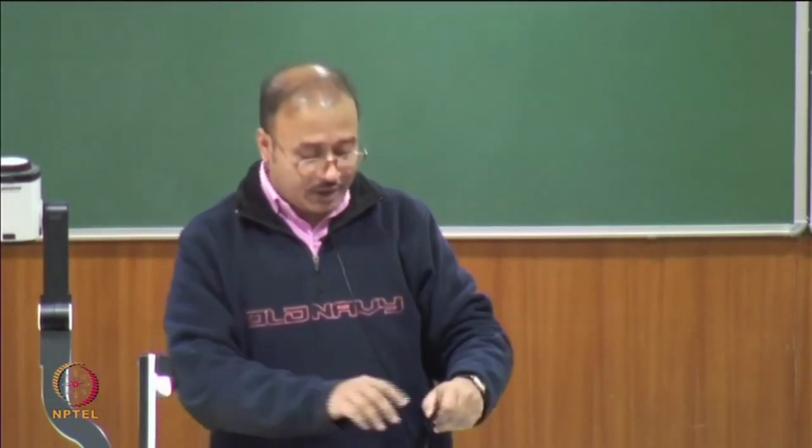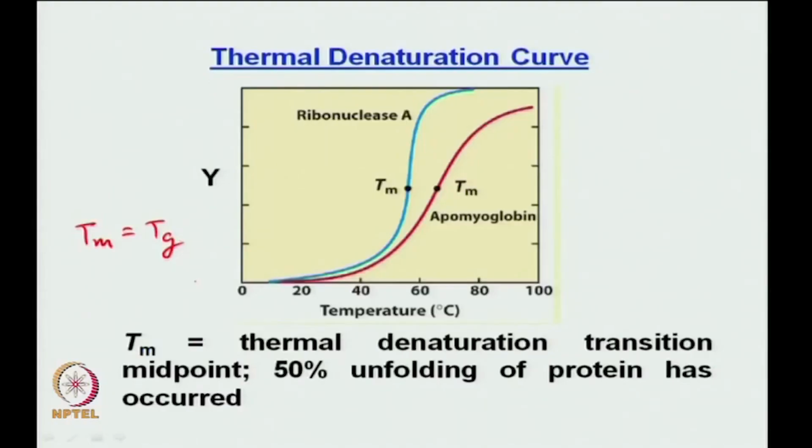So, what this is telling you is, here this observable corresponds to the folded state of the protein, because at lower temperature what will happen? The protein is essentially stable, right. When you go to high temperature, this high temperature corresponds to the unfolded state.